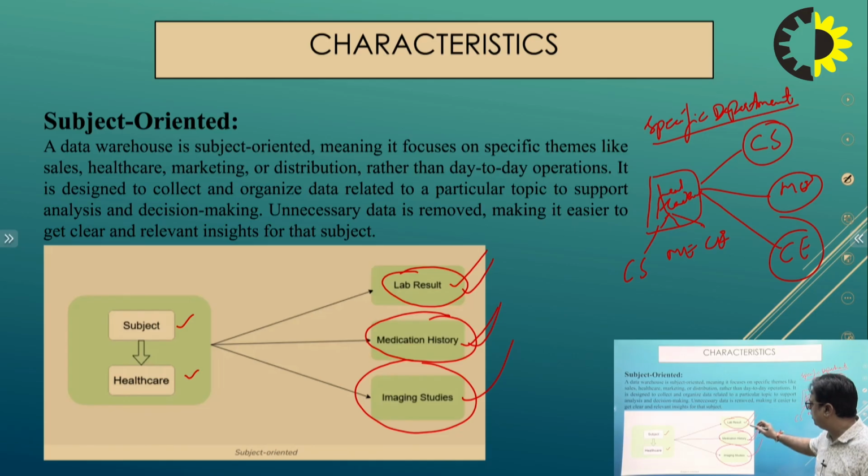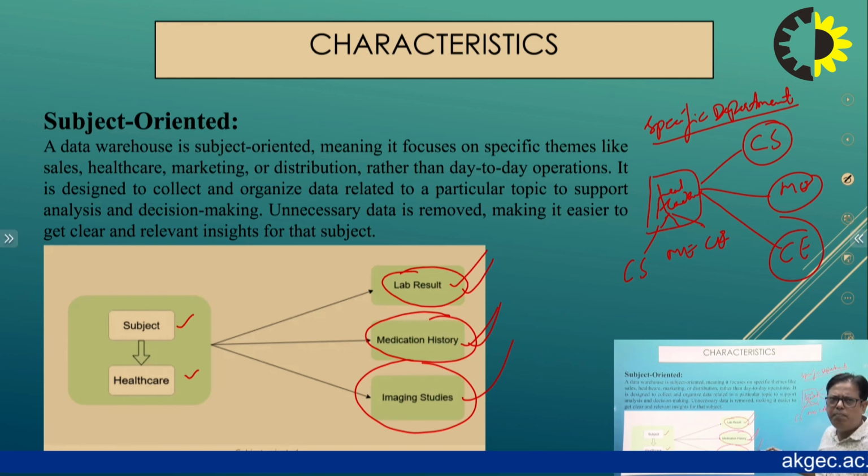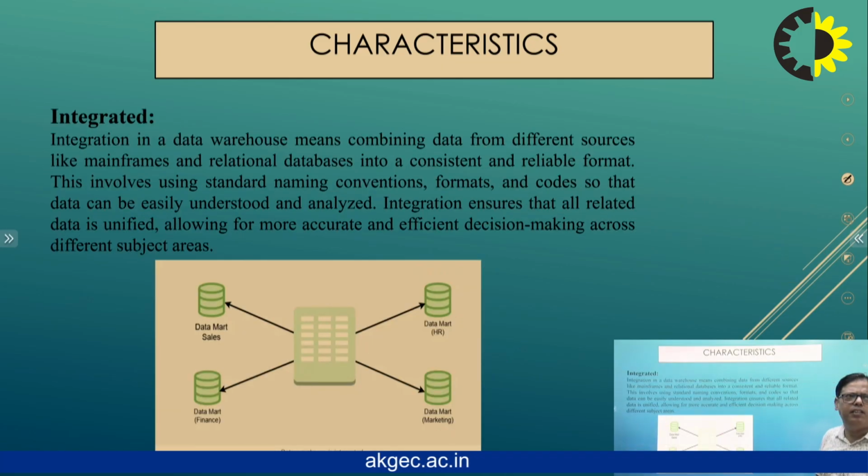If we have data department-wise, the user can easily retrieve the data from the data warehouse. Unnecessary data is removed, making it easier to get clear and relevant insights for the subjects. So this is the subject oriented characteristic.